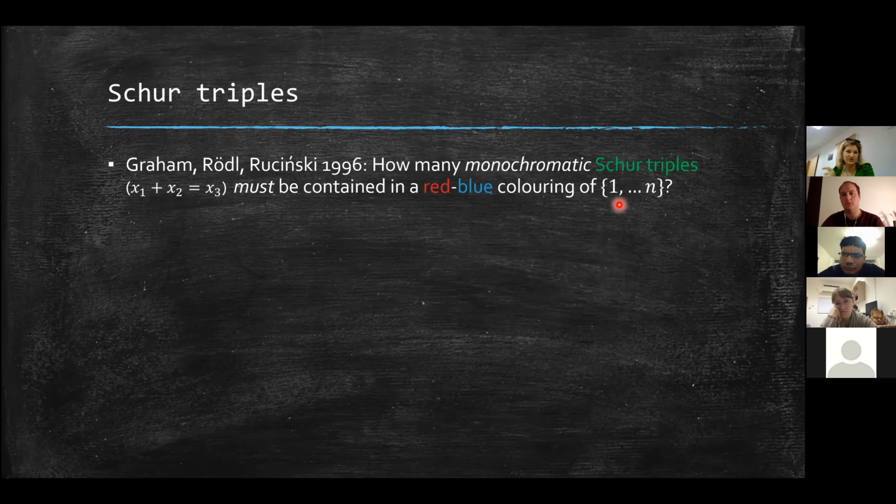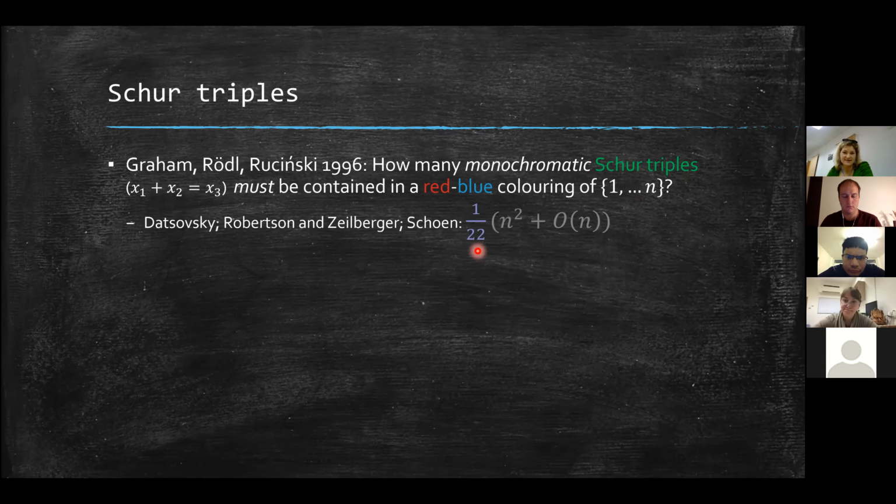So it's just the interval 1 up to n. And this was soon thereafter answered in 3 independent papers. And this is the asymptotic answer for Schur triples.